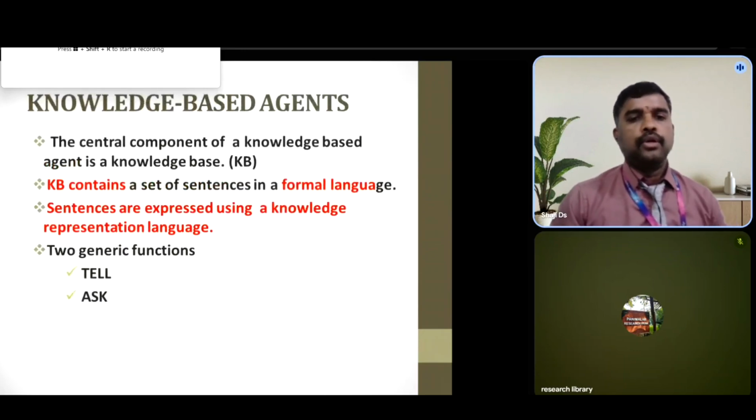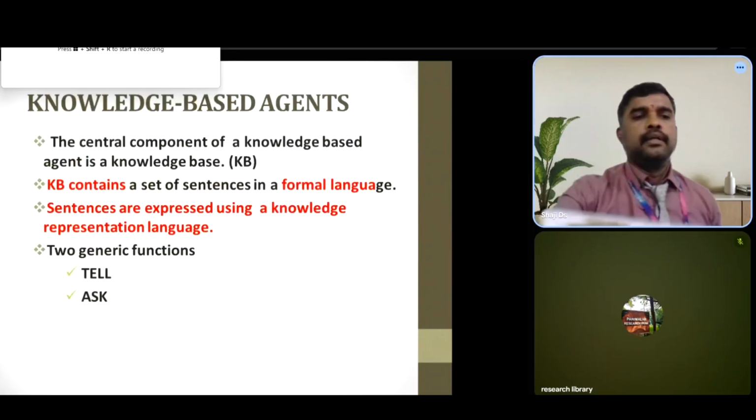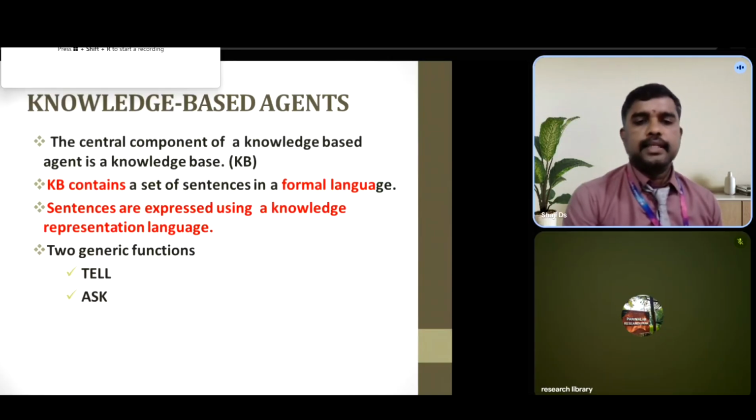The knowledge-based agent has, as its central component, the knowledge base, and the knowledge base contains a set of sentences in a formal language. Sentences are expressed using a knowledge representation language.